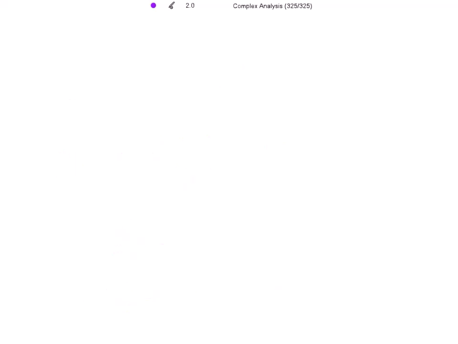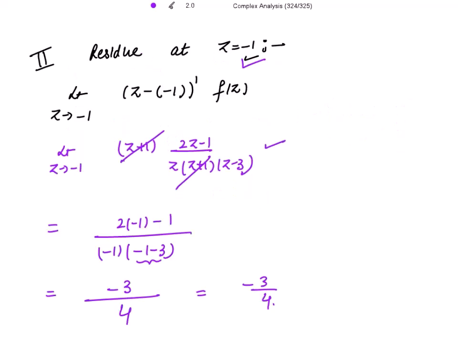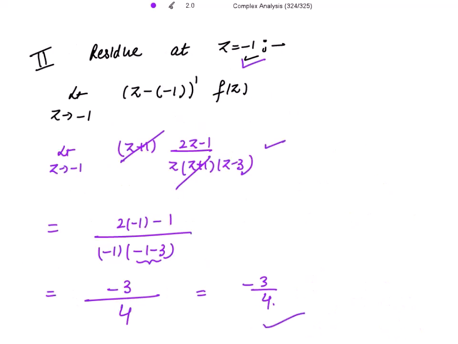And now we apply the residue theorem to evaluate the given integral. By the residue theorem, the given integral is equal to 2 pi i times the sum of the residues. So this is 2 pi i times, the first residue is 1/3, and then -3/4.